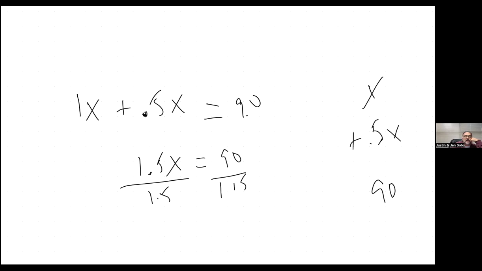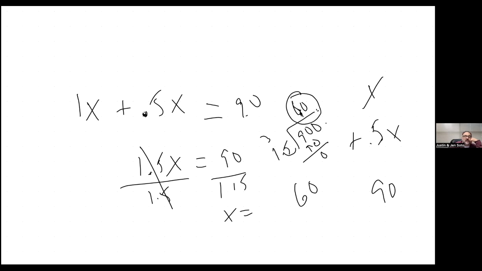X equals 90 divided by 1.5. Move this over one time, move this over one time. 15 goes into 90 6 times. 6 times 5 is 30. 6 times 1 is 6 plus 3 is 9. Add a 0 because that's where your decimal is. There's your answer, 60. X equals 60.